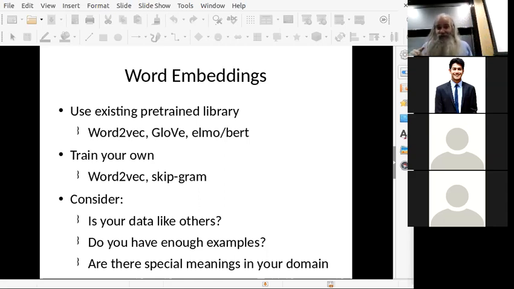In fact, a well-trained in-domain word embedding for your domain will always be better than the pre-trained model, always, okay? But only if you have enough data for your own domain, and only if your domain doesn't really rely on the external world, and that's relatively rare.